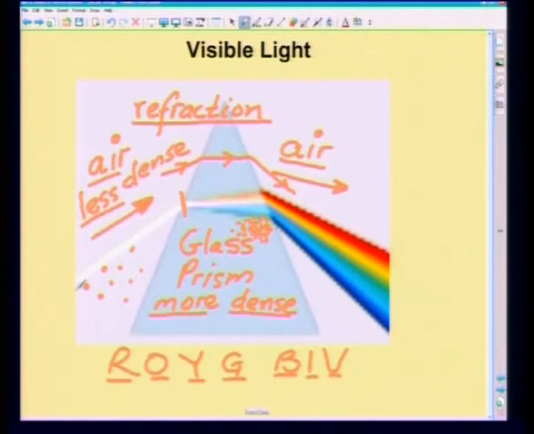Now this light here gets into the prism and changes direction. In other words, it gets refracted. But when we look at these 7 colors here, which color has been bent more than the others?